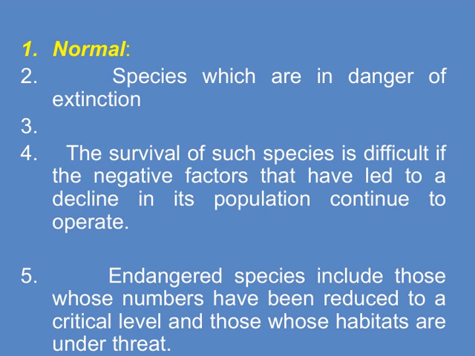They also include species whose habitats are under threat, which means their living environments are being damaged or lost. Understanding this helps us see how crucial it is to protect these species and their habitats to prevent them from becoming extinct. It's a vital part of our overall effort to preserve biodiversity and maintain healthy ecosystems.